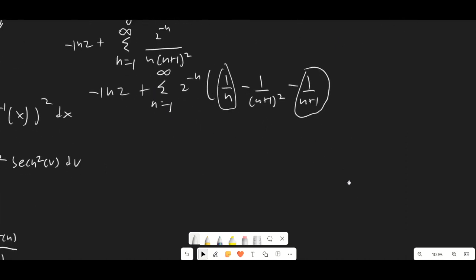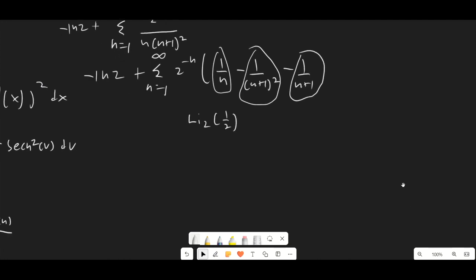But anyway, this and this are just going to give us natural log terms. And this is going to give us a term involving Li2 of 1/2, which is not fun, but it is a known value, so I'll go ahead and sub it in. So we're going to get negative ln 2 plus the sum from n equals 1 to infinity of 2^(-n) over n, minus the sum from n equals 1 to infinity, or I'll actually go from n equals 2 to infinity, 2^(-n) over n.